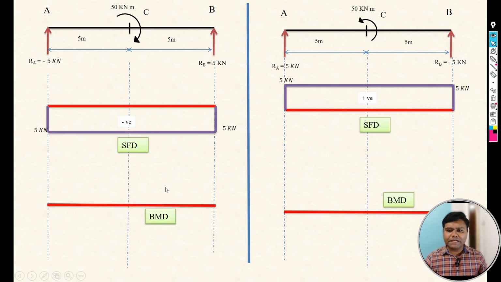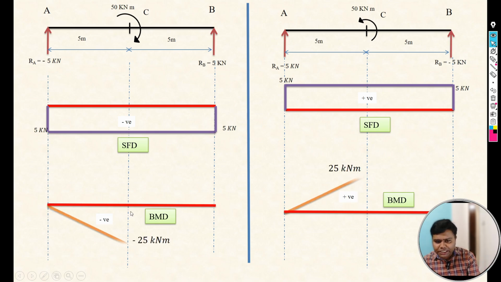Now the next is the bending moment diagram. Let's say this is our baseline, okay. Now we have gone through that: when the beam is subjected to a clockwise moment, the shear force diagram is negative, and when subjected to an anti-clockwise moment, the shear force diagram is positive. And at the C point it will suddenly change, okay.